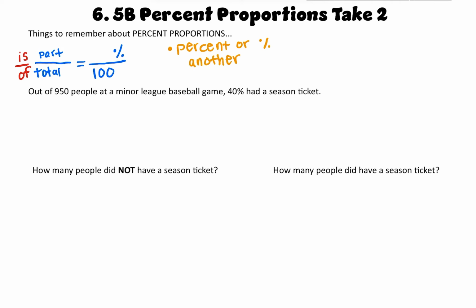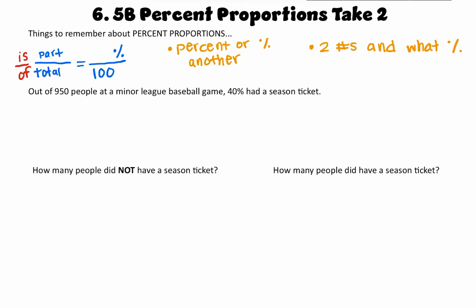And then our other option is if we have 2 regular numbers, like 14 and 20, and then it's going to say, what is that percent? So it's going to have the word percent or the symbol of a percent, and it's going to have either one other number or 2 numbers.